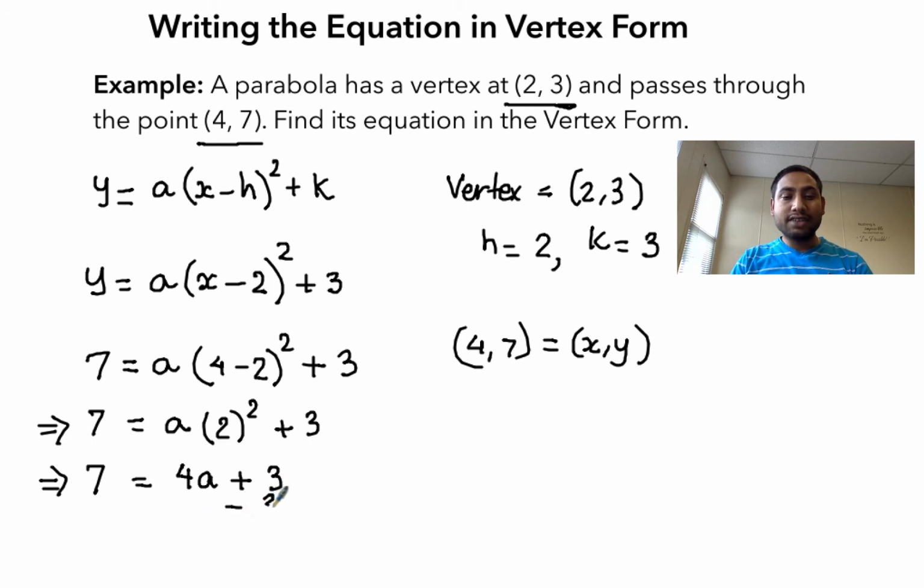Now let's subtract 3 from both sides. That's going to give us 7 minus 3 is 4 equals 4a, and then 3 and negative 3 is 0.